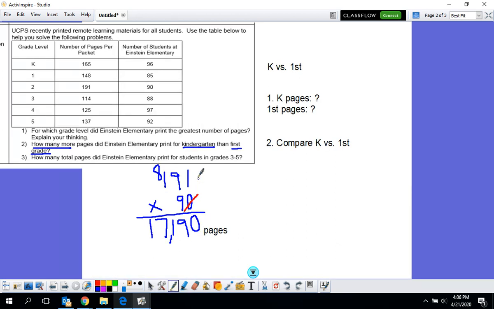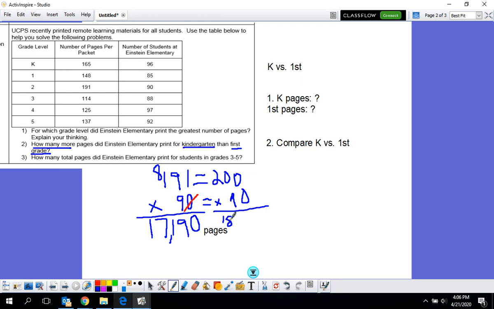You know, Miss Marshall uses estimation, so I'm going to kind of do 191 is about 200. I'm going to leave 90 as is. That's an easy number to multiply. So 200 times 90. I'm going to use what I know about 2 times 9, which is 18.